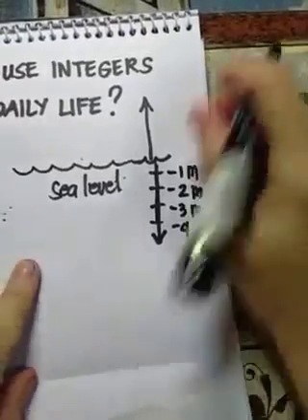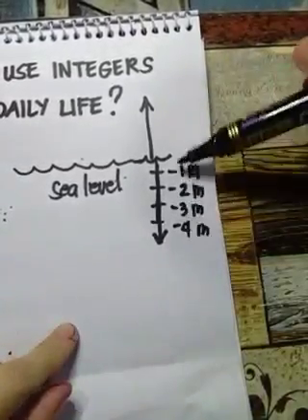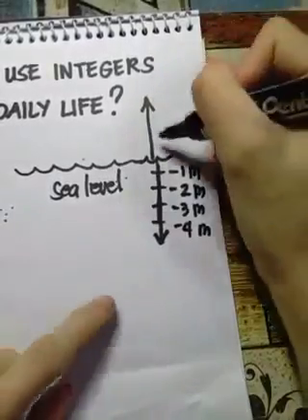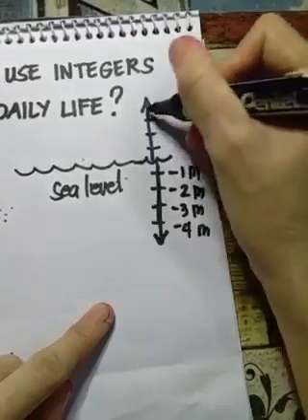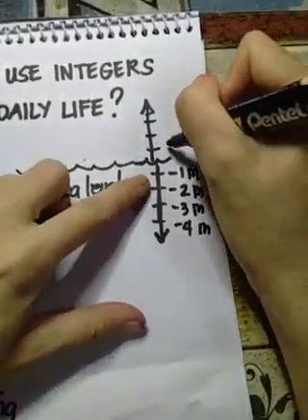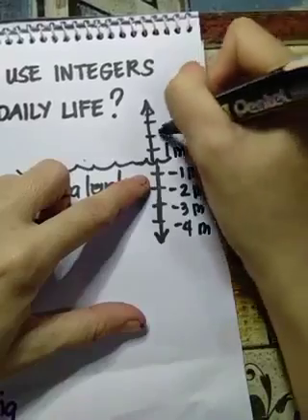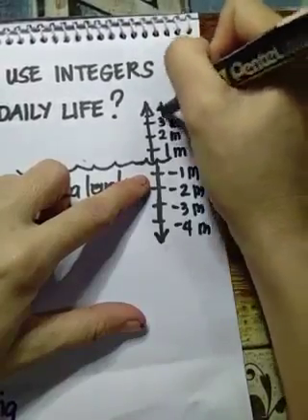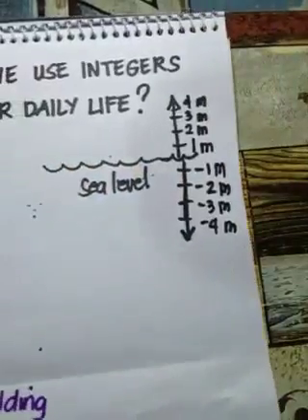These numbers are used to represent below sea level. When we say above sea level, it will be represented by positive numbers. 1 meter above sea level, 2 meters above sea level, 3 meters above sea level, 4 meters above sea level.